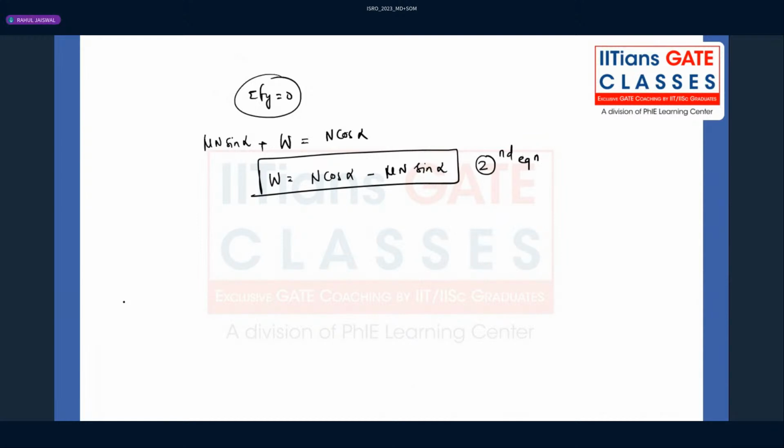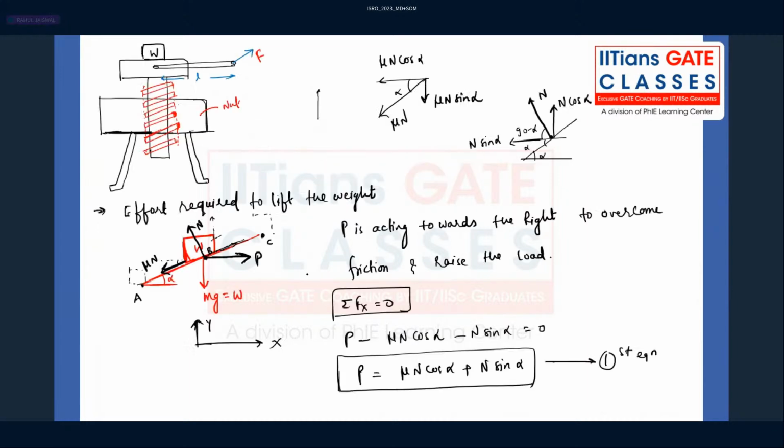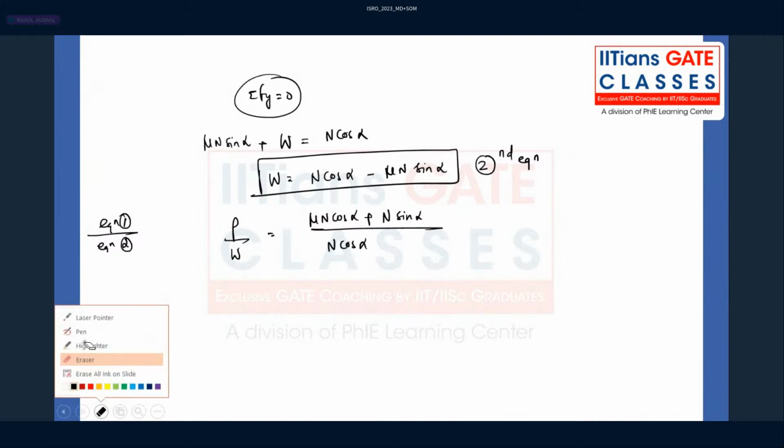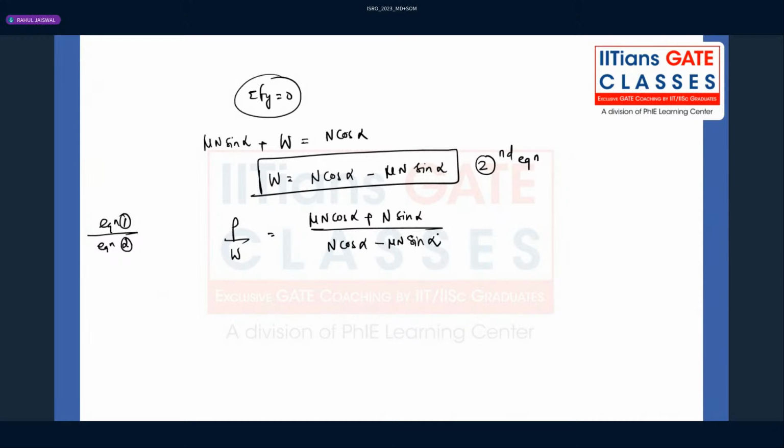Now you divide equation 1 by equation 2. So here what you can get is P by W equals mu n cos alpha plus n sin alpha, divided by n cos alpha minus mu n sin alpha.